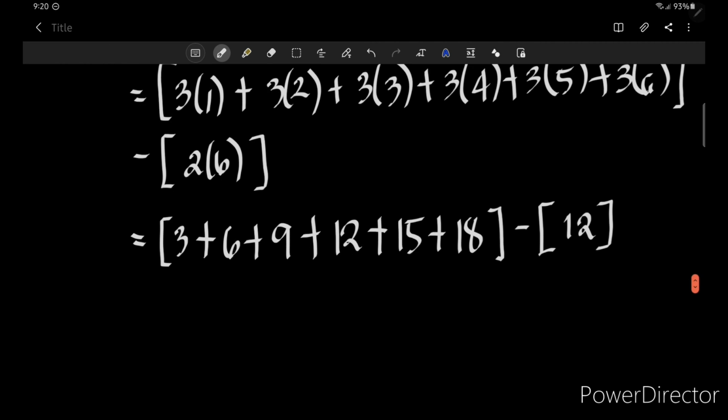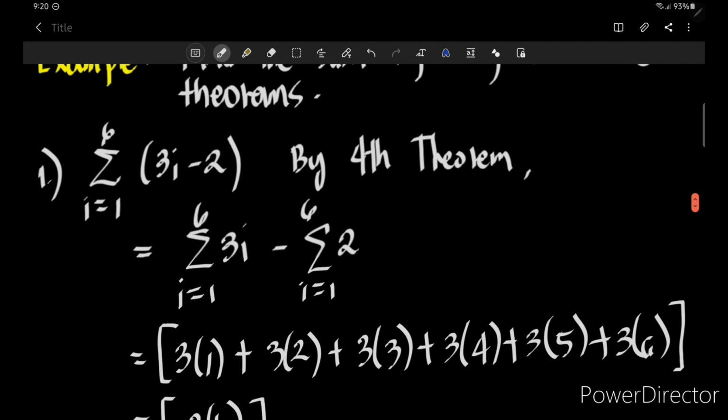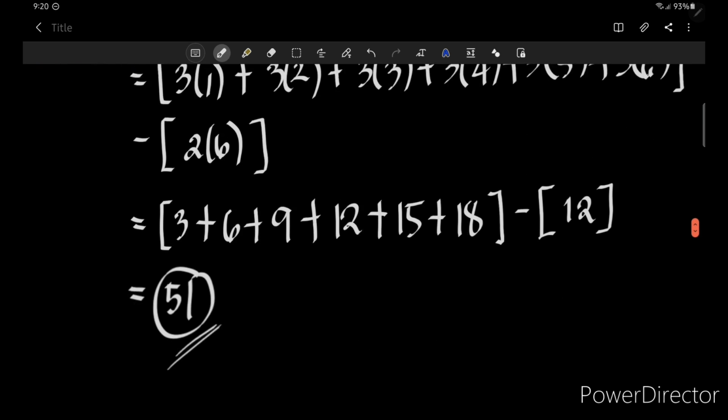So, this is equal to what? 18 plus 15 is equal to 33 plus 12, 45 plus 9, 54 plus 6, 60 plus 3, 63. Minus 12, we have 51. So, the answer is 51.